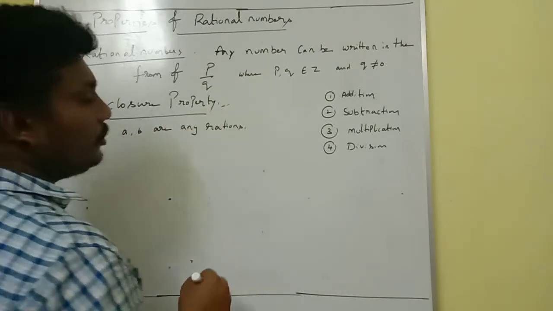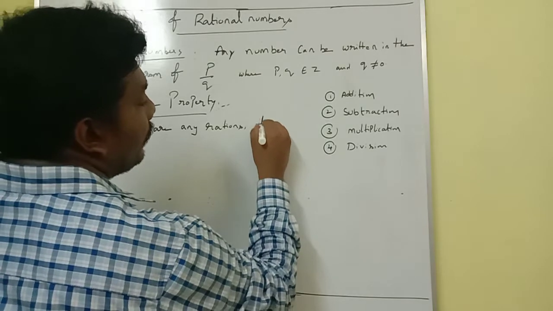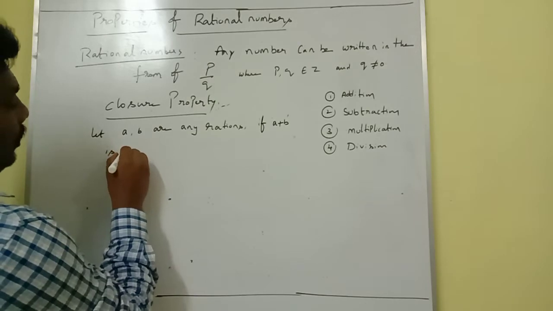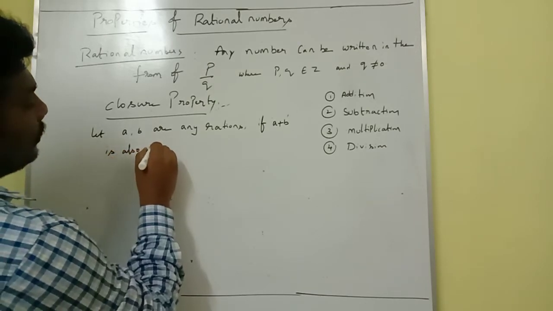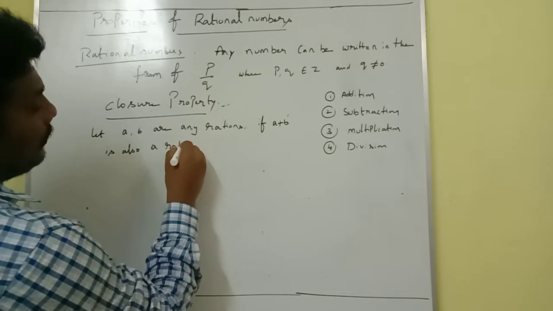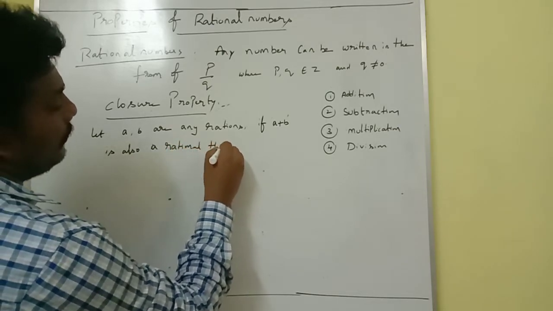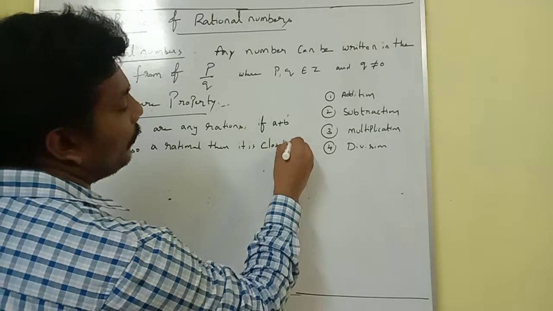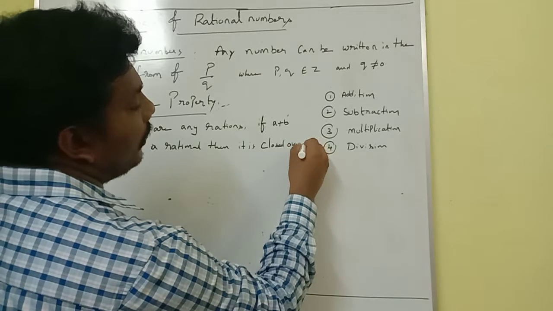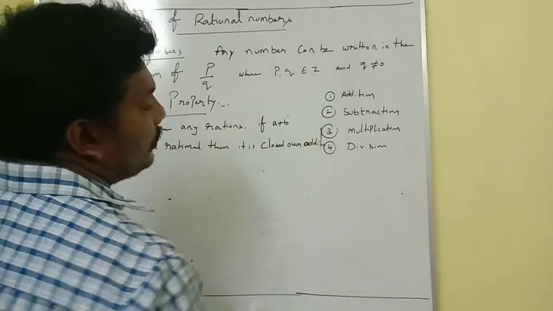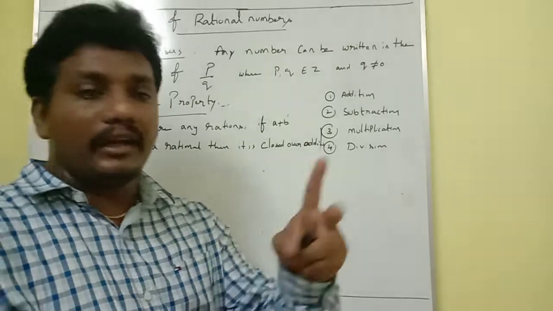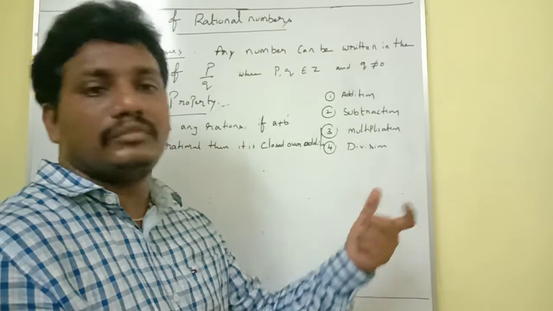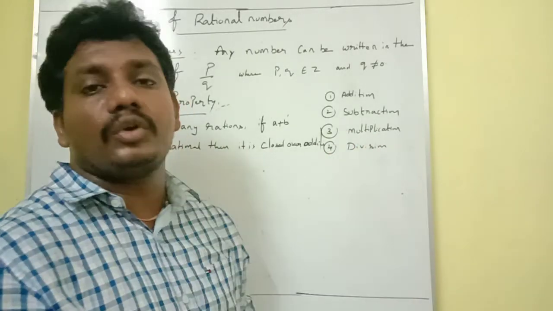If a plus b is also rational, then it is closed over addition. That means if you add any two rational numbers and the sum is rational, then it is known as closure property.